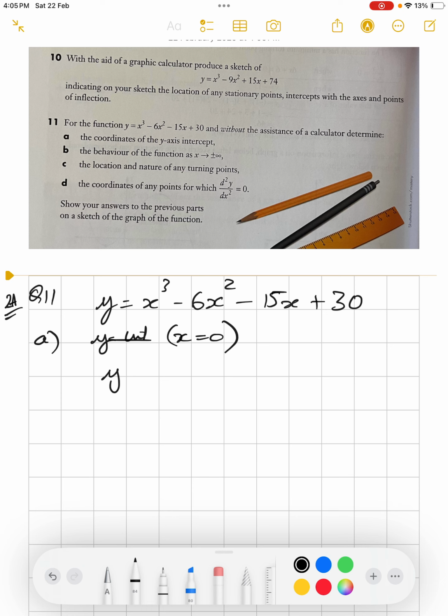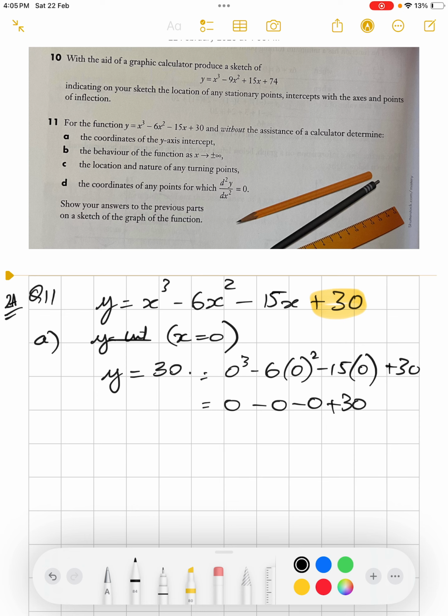So if we just go straight to the constant on the end, we will see that the y-intercept will be 30. But we can see that by going 0 cubed minus 6 times 0 squared minus 15 times 0 plus 30. We will get 0 minus 0 minus 0 plus 30. So 30 is the constant, that's the y-intercept.